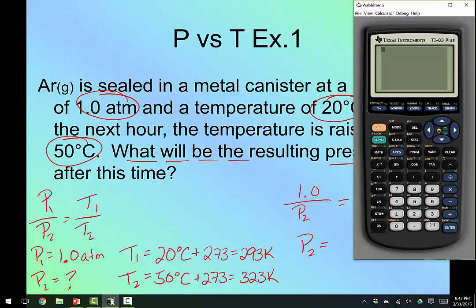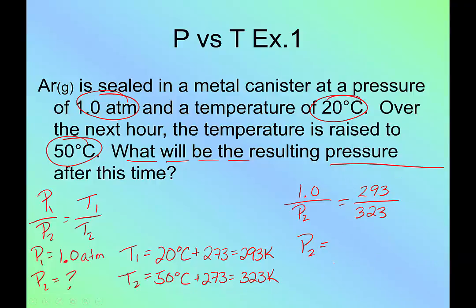I'm going to take my P1 and multiply it by my T2. So I'm going to take 1.0 times 323, divided by the thing that's multiplied by my variable, which is the 293. And I hit enter, and I get 1.10 atm.